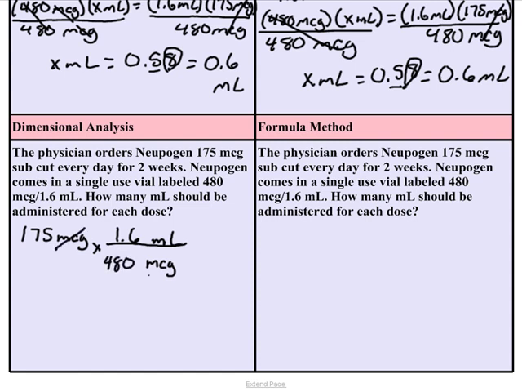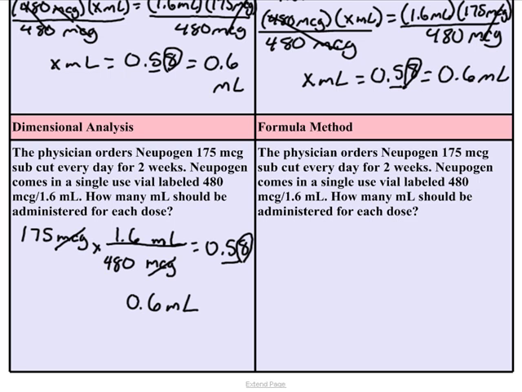As you can see, micrograms cancel and we're left with milliliters. If we multiply 175 times 1.6 and then divide by 480, you get 0.58. However, since we need to round to the tenths place, the 5 is in the tenths place, the 8 tells us to round up, therefore we will administer 0.6 milliliters.